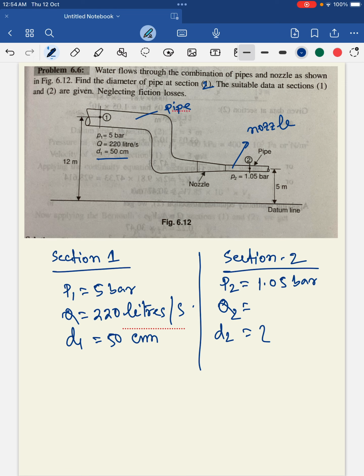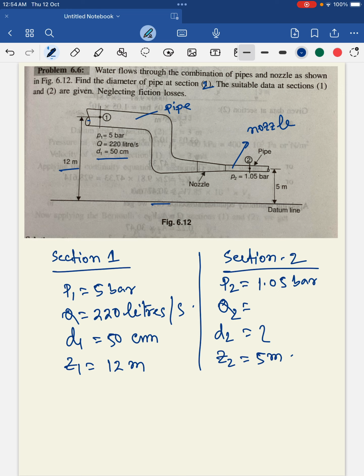From the datum line to the pipe center line, that distance Z1 is given, 12 meters, and Z2, from the datum line to the nozzle center, is 5 meters.